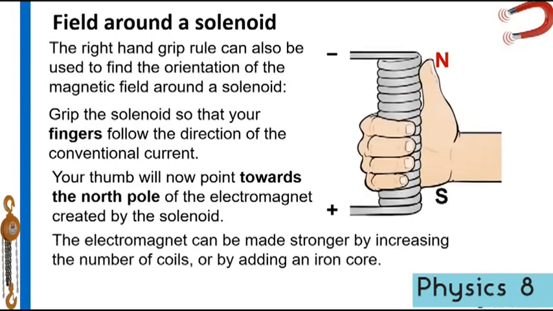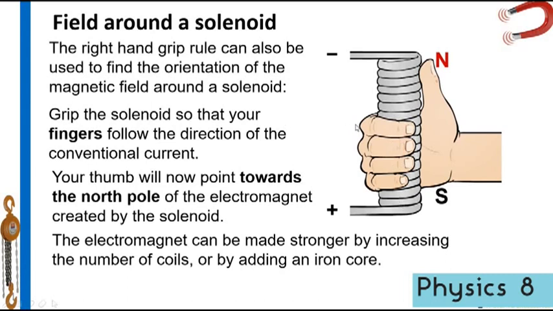Now, if we look at the diagram to the right, you should be able to see a solenoid. And a solenoid really is just a straight wire which has been curled around in such a way that it's produced this coiled effect with the wire.